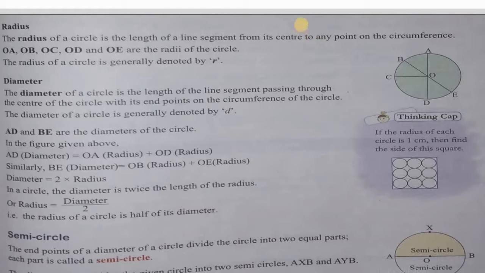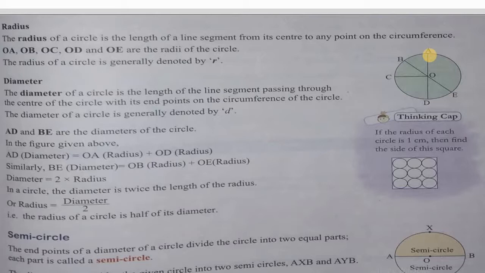If you want to find the length of the diameter in a circle, you should do 2 into radius. If the question is to find the length of the diameter in this circle, the radius length should be given.